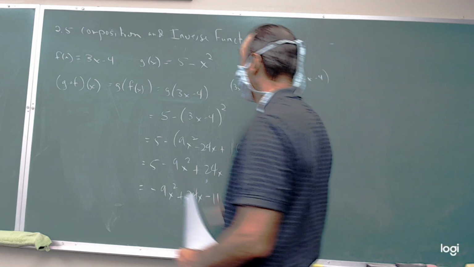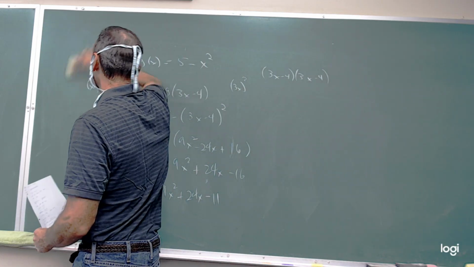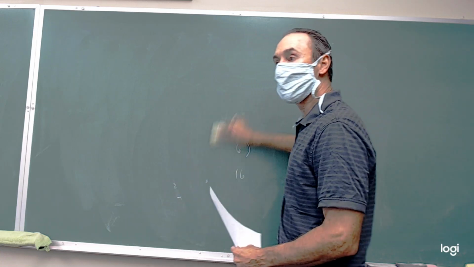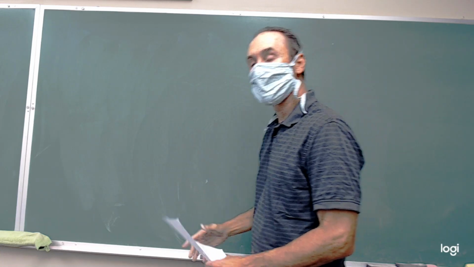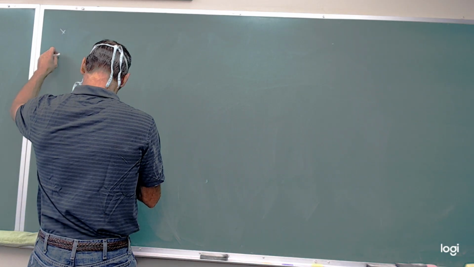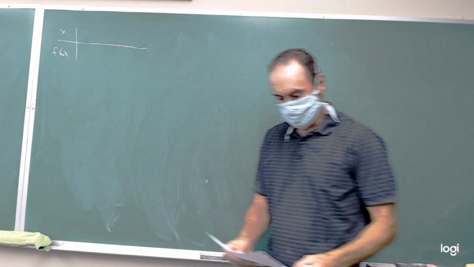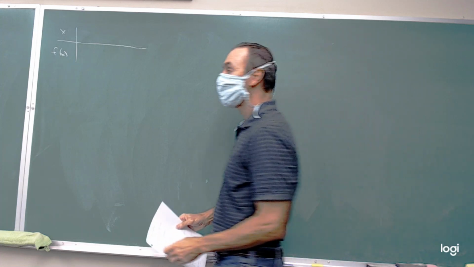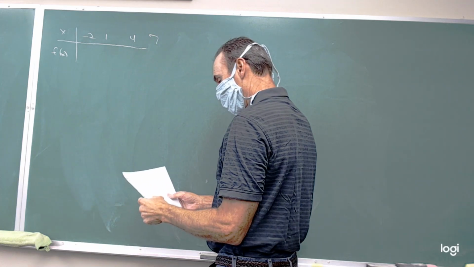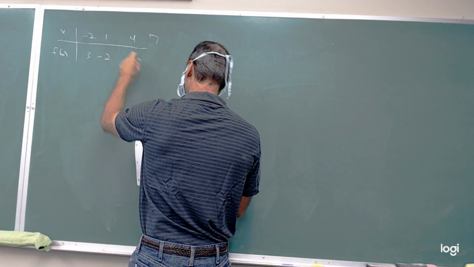Okay, so I'm going to give you now, instead of giving functions as equations, I'm going to give you functions numerically, that is, as a table of values, and we're still going to do this composition stuff. So what's f of g of, what's g of f of, what's f of, maybe g of g of. So here is going to be our function f. We're going to get this table, and the x values here are negative 2, 1, 4, and 7, and the f values are going to be 3, negative 2, 6, and 0.